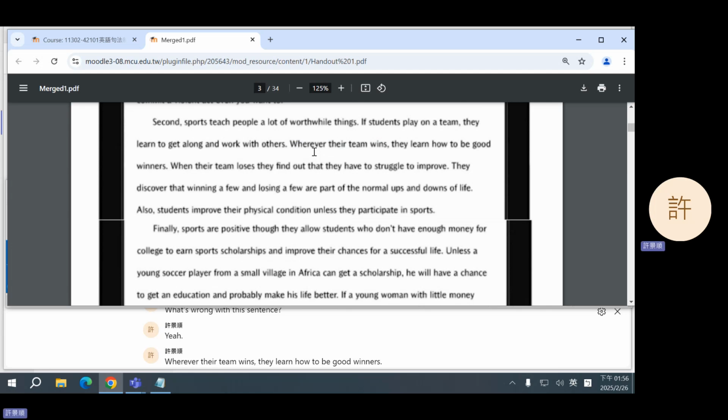Is this sentence talking about a place? So wherever is wrong, right? So what should we change this to? If we're not talking about a place, what are we talking about?